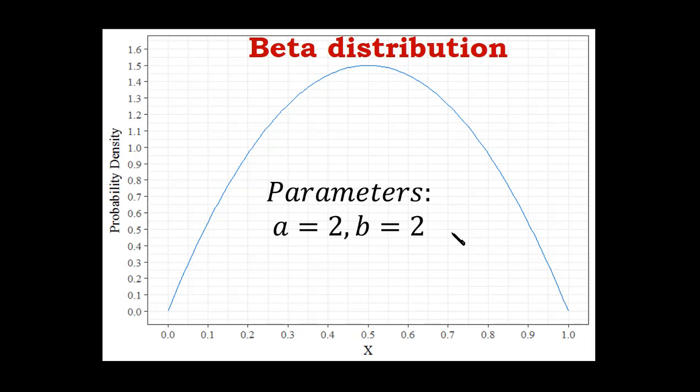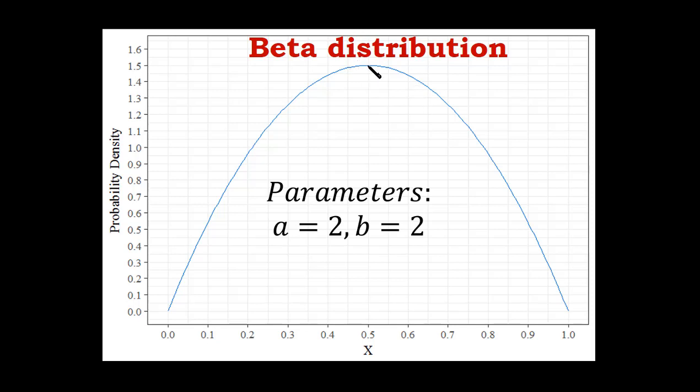So we've got 2 regions, we can call them success and failure. The a parameter means that we observed 2 landings in the success region, and the b parameter tells us that we observed 2 landings in the failure region. Observing only 4 landings is not very informative, so that's why we have this distribution.